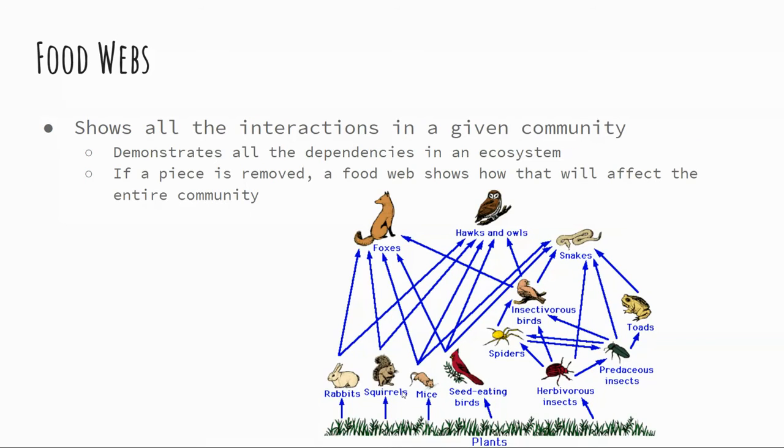In comparison, you have food webs, and the food web is going to show all of the interactions within a community. So you'll have apex predators, tertiary predators, secondary predators, and primary producers, and it shows how they all interact with each other. Big piece there is if a piece is removed, a food web shows how that will affect the entire community.